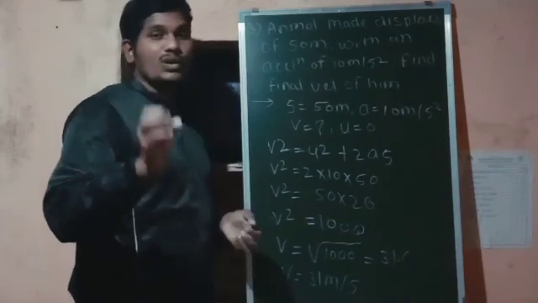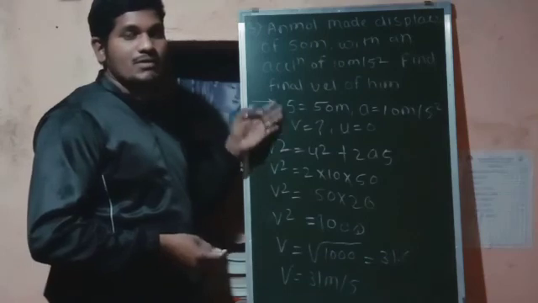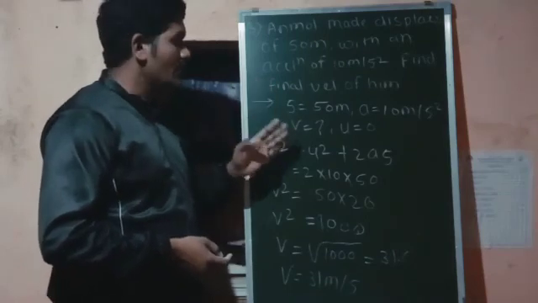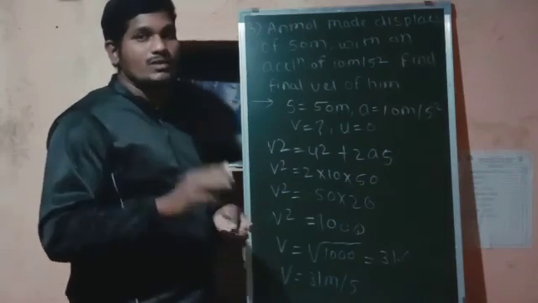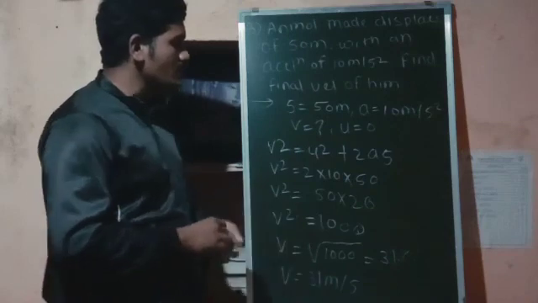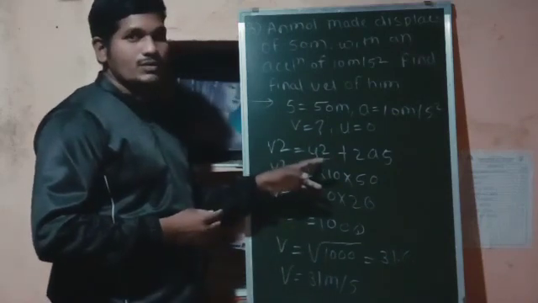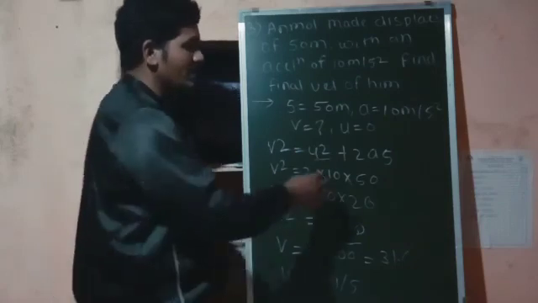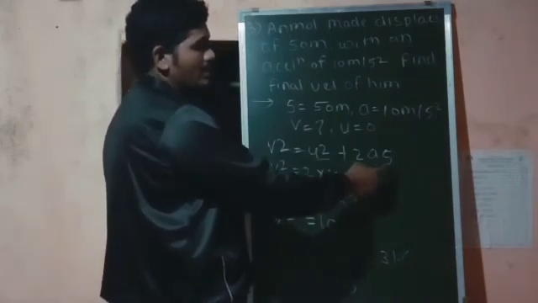So for those students who have not understood, I will explain one more time. Simply we have written the given values whatever they have given in the problem, and after that we have chosen the formula. I have already told you how to choose the formula out of the three. Now we have written v square is equal to u square plus 2as. This u will be 0, so the square of 0 will be 0. The remaining terms will be 2 into acceleration, they have given 10, into 50, the displacement.